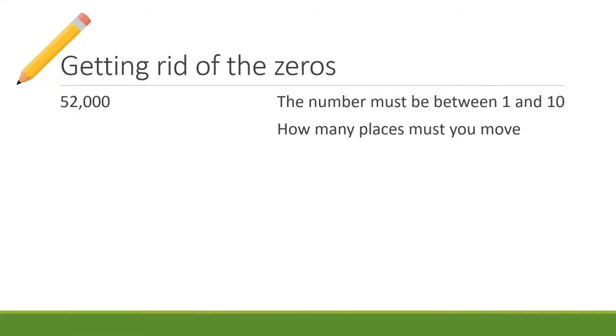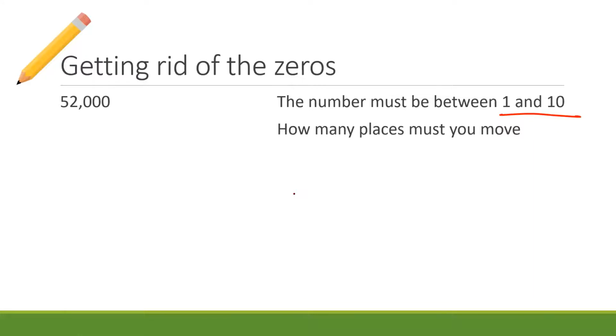So when we do the significant figures, instead of counting the zeros, which is what I said in the previous one, we're going to count the parts that aren't important. To do that, we need to make a number that is between 1 and 10.